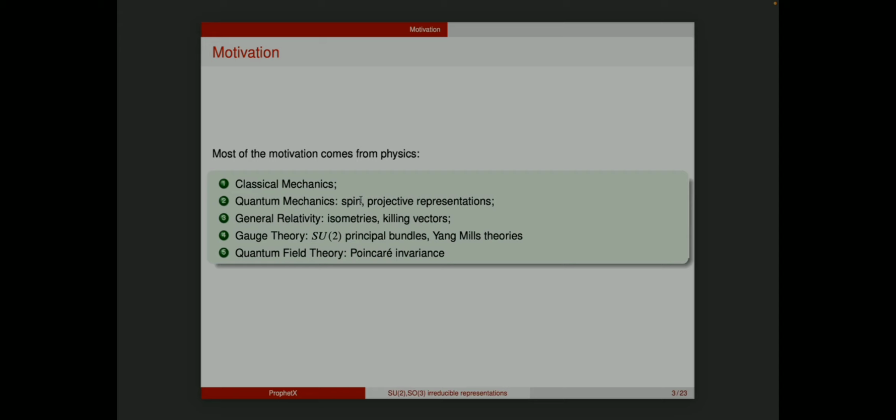Maybe this is the most interesting part for mathematicians, because mathematicians, or rather geometers, are really interested in principal bundles. And moreover, in Riemannian geometry, you can classify spaces of constant curvature by Lie group actions. So SU2 in particular is interesting because it leads to Yang-Mills theories in physics.